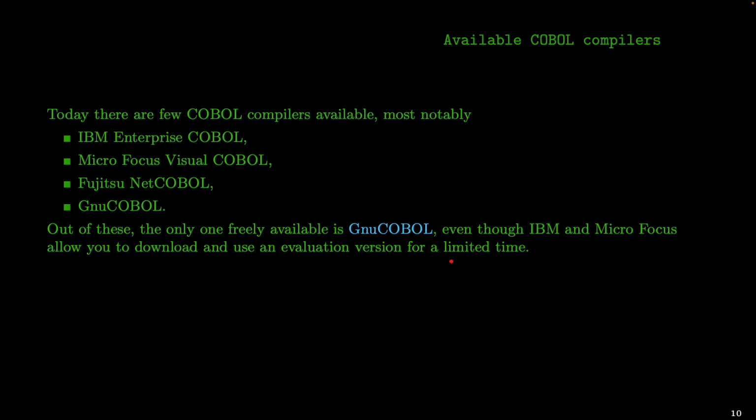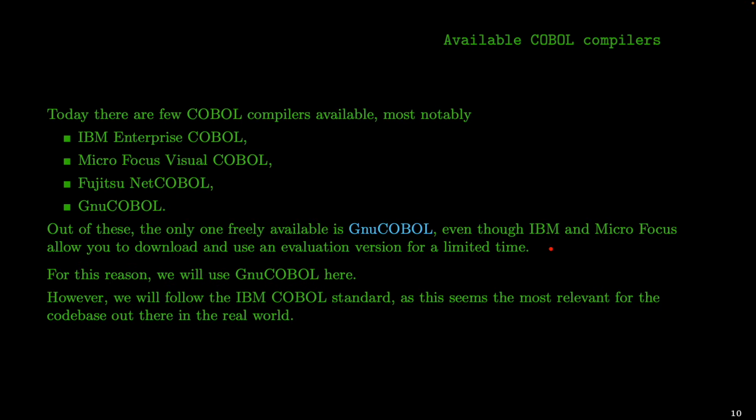Even though IBM and Micro Focus allow you to download a test version and use it for a limited amount of time, you have to register for that and all, so it seemed more convenient for me to just go with a freely available open source COBOL version. So that's why I will use GnuCOBOL here, but I will use it with the IBM language standard.